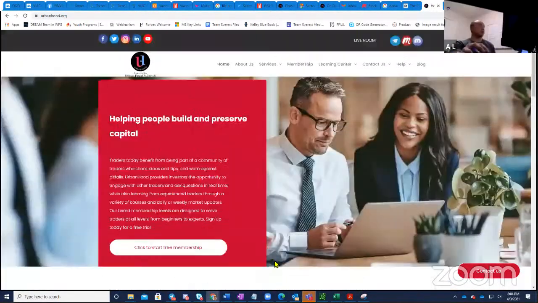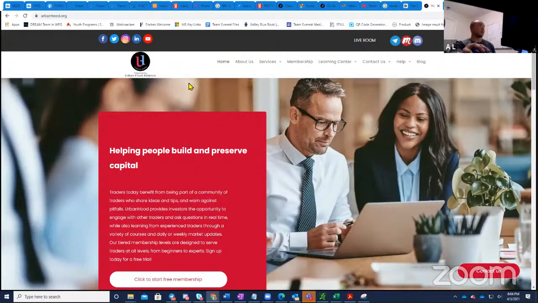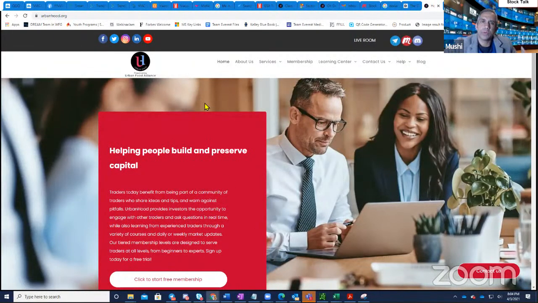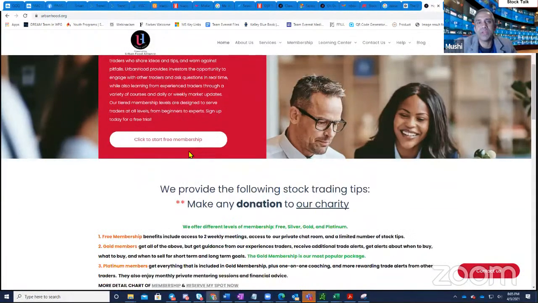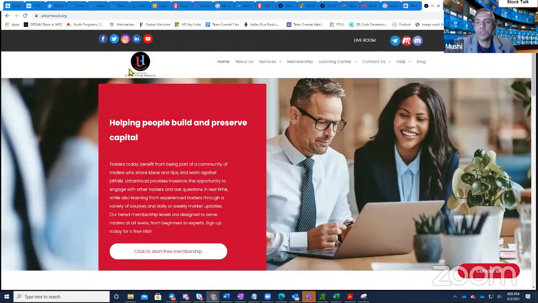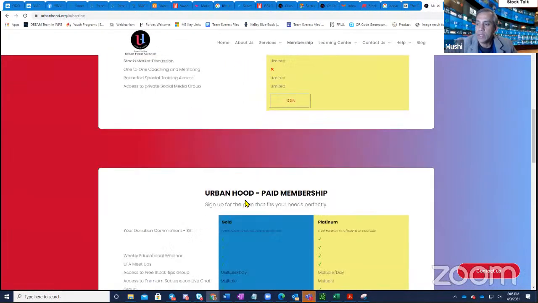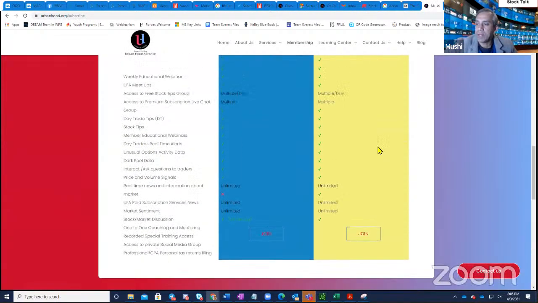Plus we have $2,000 of services we got: dark pool, flow algo, and other trading services from a bunch of others. When we get that information, we feed it back to the community, the paid members here. Here you see the gold and platinum.